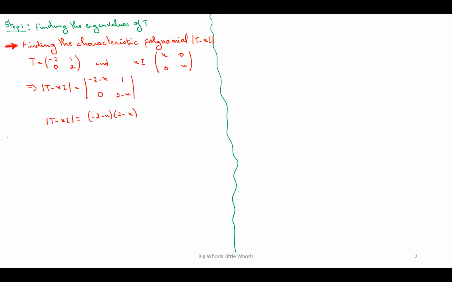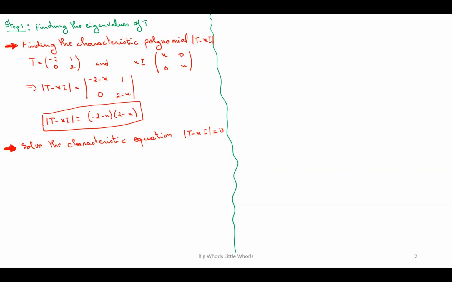After finding the characteristic polynomial, what do we do? We solve the characteristic equation, which is the determinant of T minus xI equals 0.